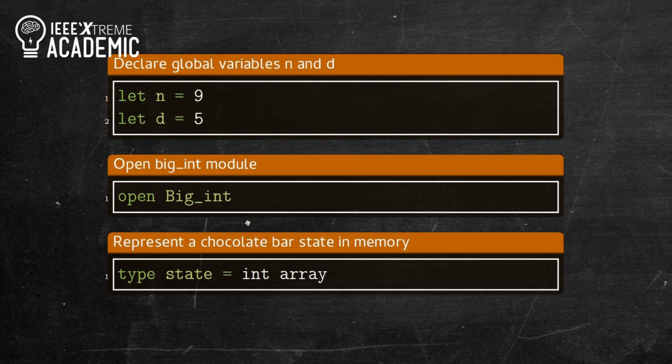So this is an integer array such that it contains as many cells as I have lines into my chocolate bar, and the cell number i contains an integer that is the number of remaining chocolate chunks for this specific line of the chocolate bar. So that's quite simple. That's one way of representing the chocolate bar configuration into memory. There are many others, of course.